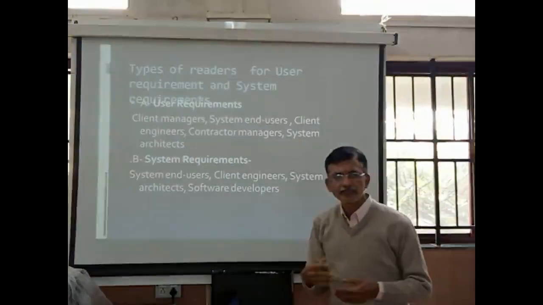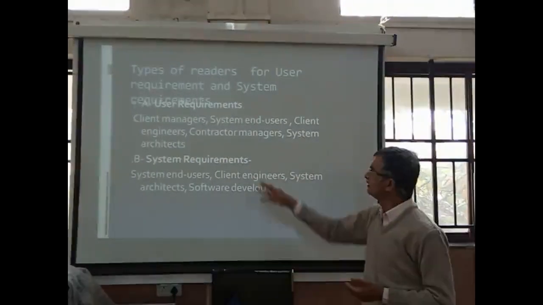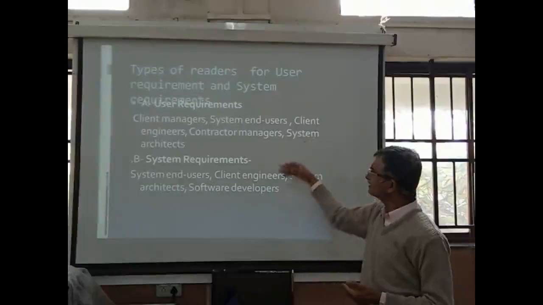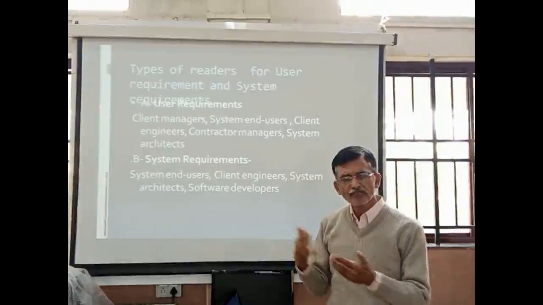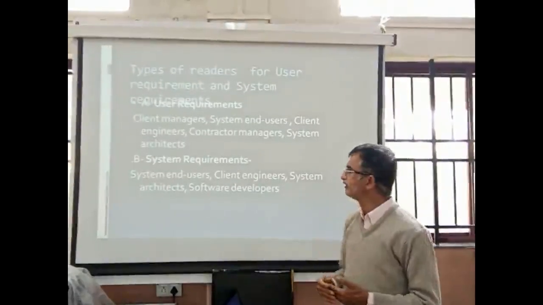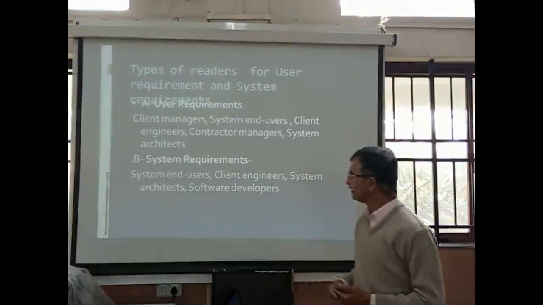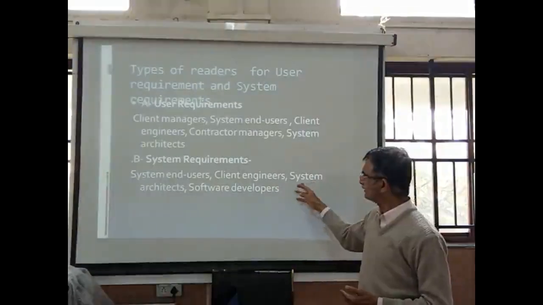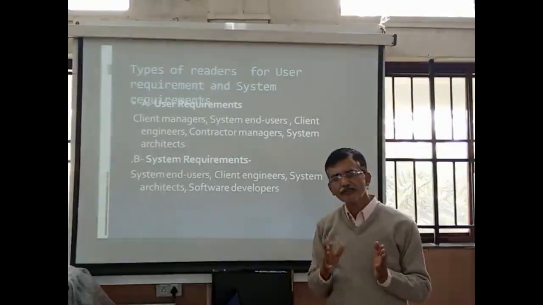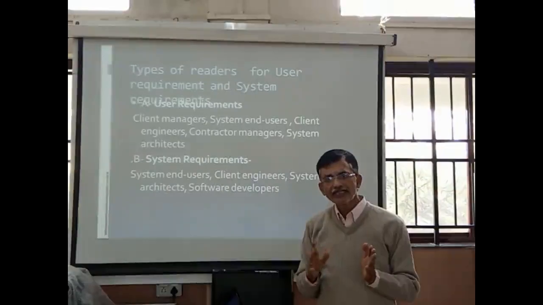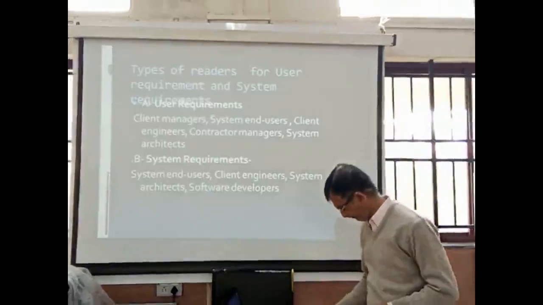Client engineers, if they are engineers, then even they are the users. Contractor managers and system architects. So here you can find these are the people who do not belong to the software field. As far as system requirements are concerned, the readers could be system end users, client engineers, system architects and software developers. So the category of people who mention these requirements is also different.